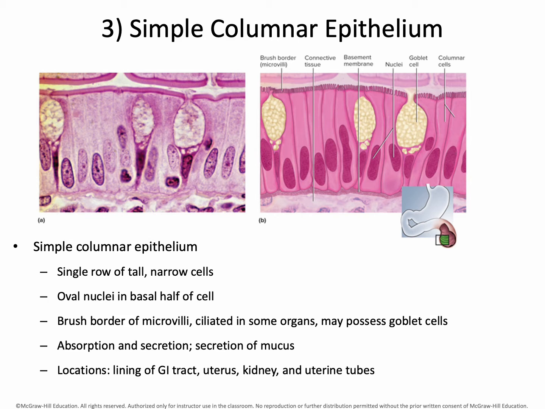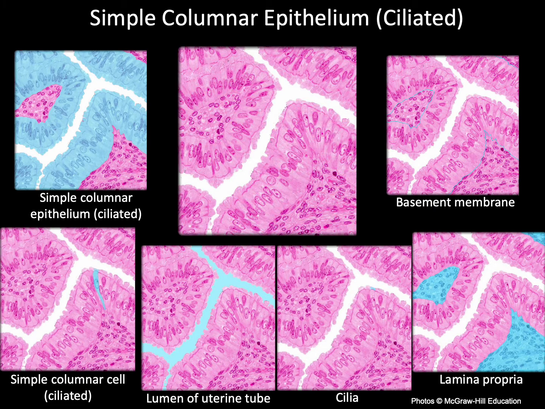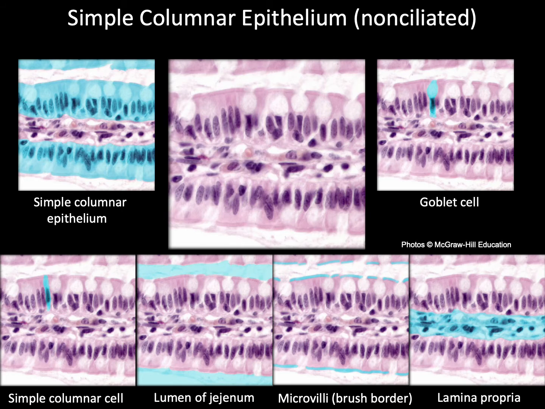Microvilli are finger-like projections of the cell membrane, and that is to increase surface area for absorption into the cell. Think of increasing surface area to absorb nutrients within the digestive tract. Again, you often see simple columnar with goblet cells, as well as the pseudostratified.